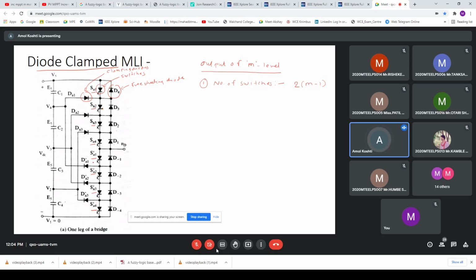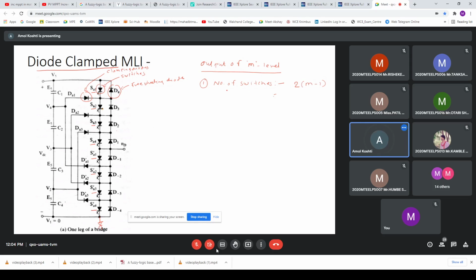These are 4, so total 8 switches we want. So that formula is satisfied. If you go for the 7 level output, then 7 minus 1 is 6, 6 into 2, 12 switches you need. Again you have to connect 4 more switches in series with this.